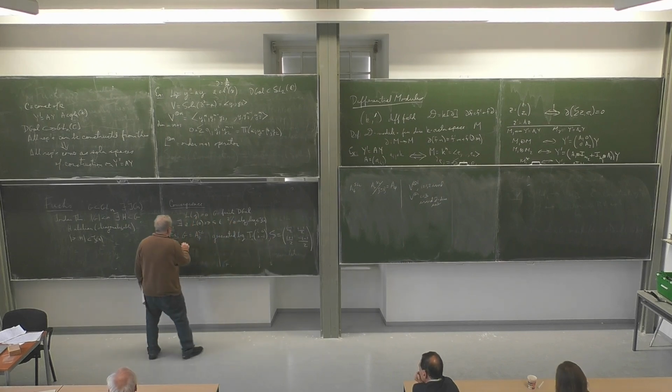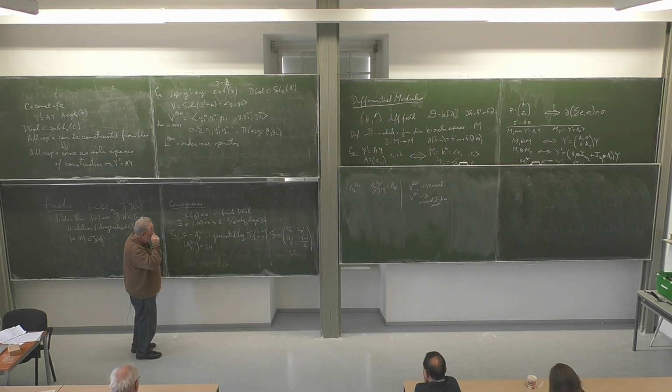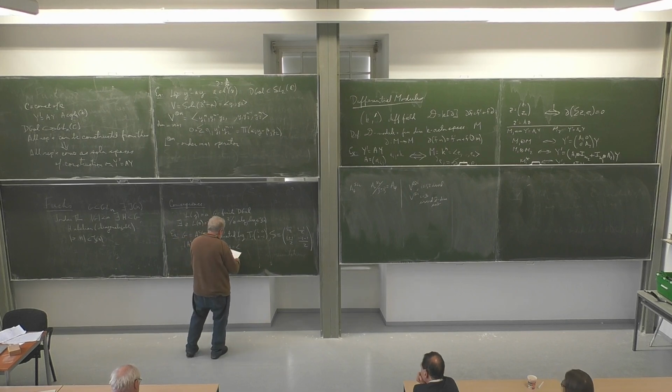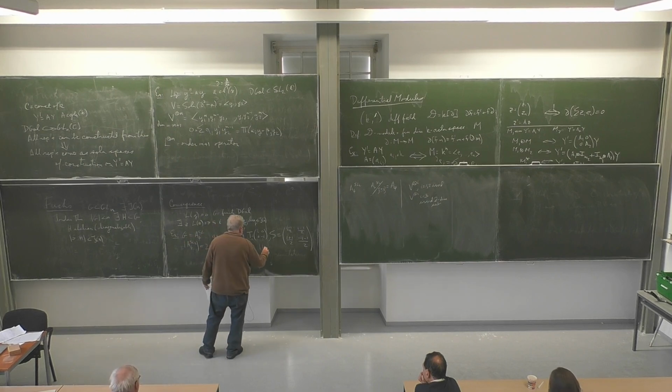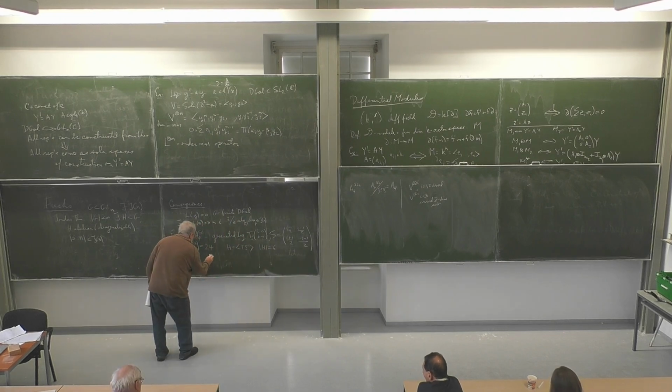The order of this group is 24. It's twice the order of A4. H, you can choose to be T S inverse. The order of H turns out to be 6. And the size of G mod H then is 4.